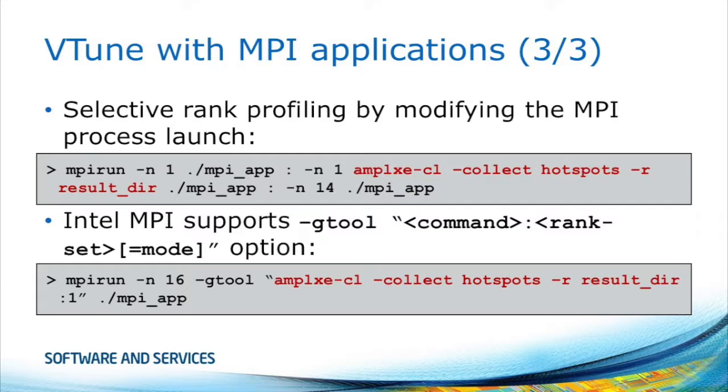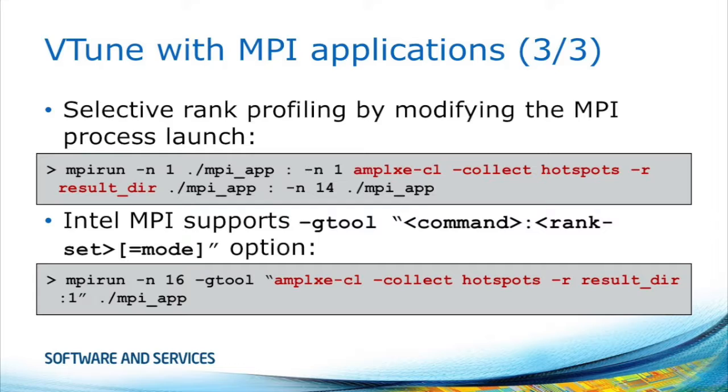Dear mpirun, please run 1 rank of my MPI application on some node. Colon means I'm now talking about another setting: 1 rank of my MPI application. Please run it with amplxe-cl -collect hotspots -result-dir of my MPI application. And then use another 14 ranks to run the rest of my 16 ranks.